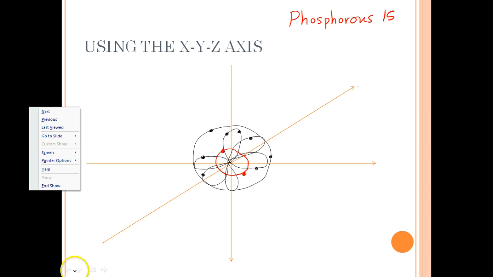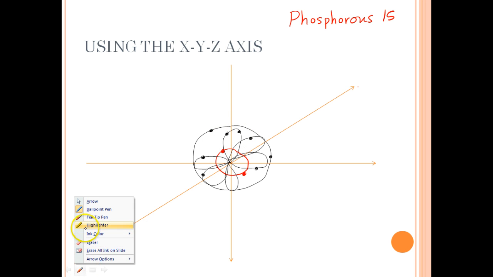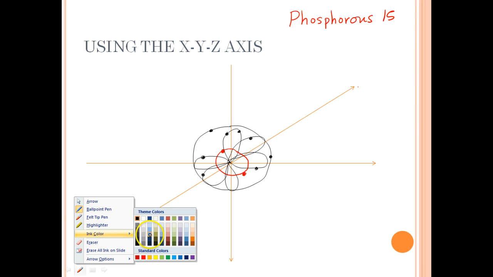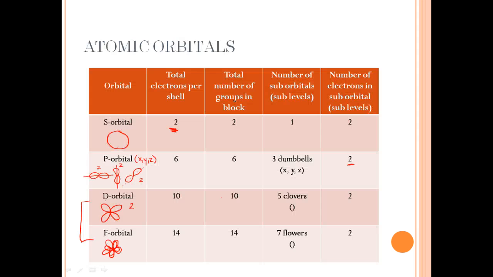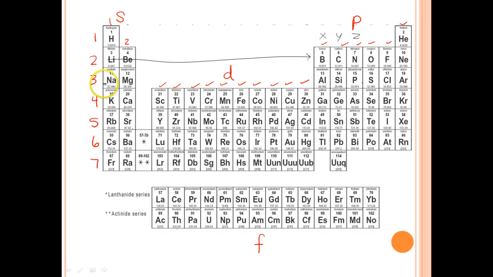So now we need another energy level. Go blue. Okay, so now we're back at the S block. And we are right here, so we have the third shell. First one, S orbital.